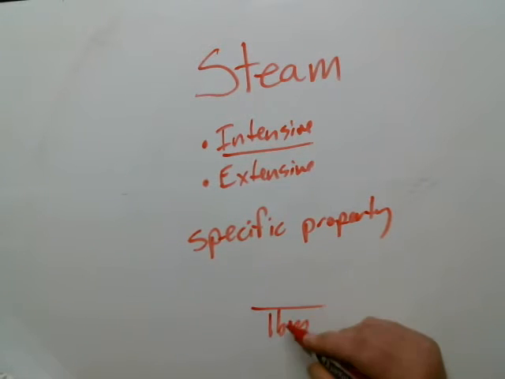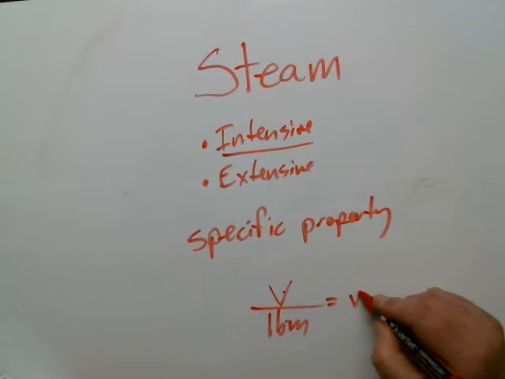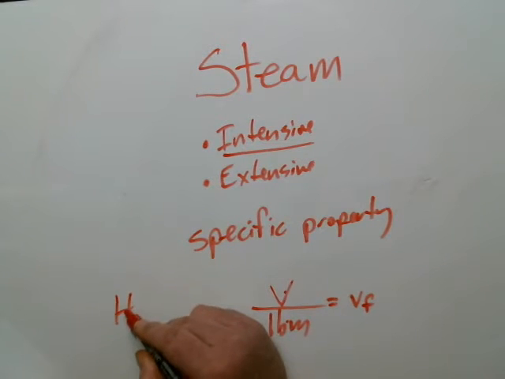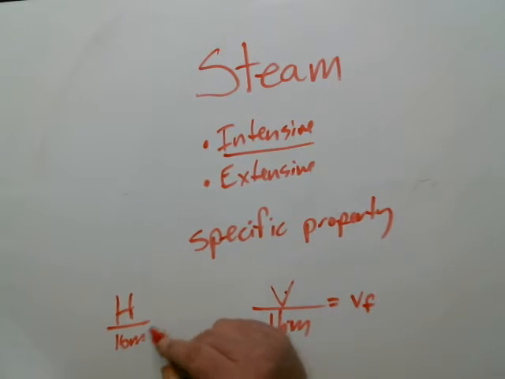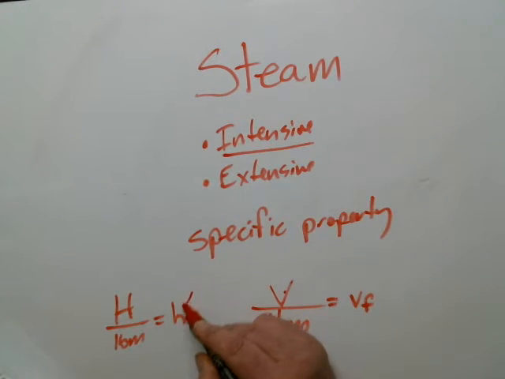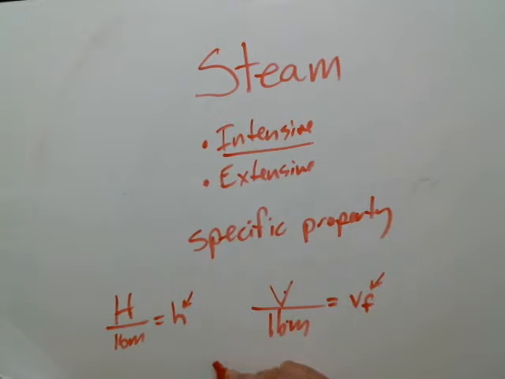If I take the volume per 1 pound mass, I have specific volume. If I look at the enthalpy contained in 1 pound mass, I have specific enthalpy. Small letters denote specific properties. If I want to know the entropy, that would be a little s. Those are 3 important properties that we look at.